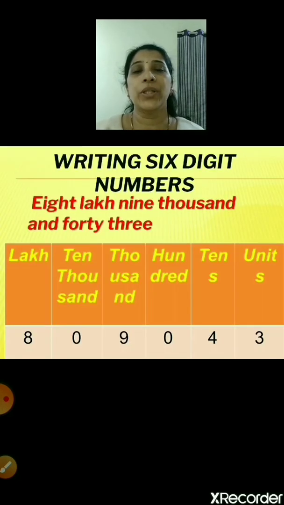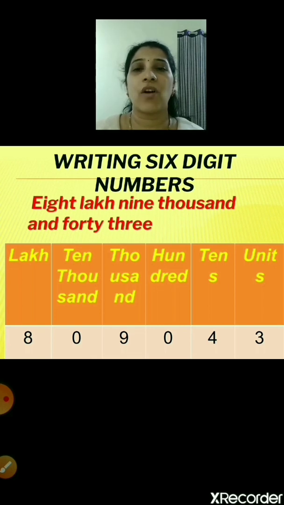Now how are you going to write the 6-digit numbers? So the numbers are written in words. 8,09,043, right? So again we have prepared a column: units, tens, hundreds, thousands, 10,000s and then lakhs. Now it is given as 8 lakh, but when you are writing the numbers, you are going to start from the left side. 8 lakh.